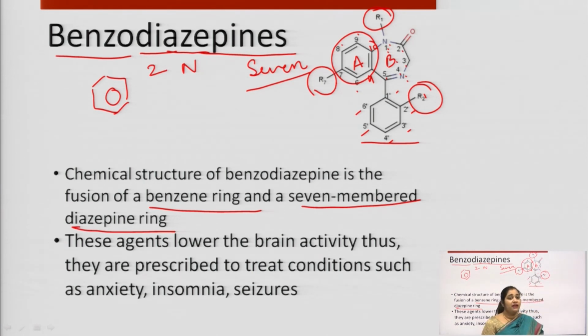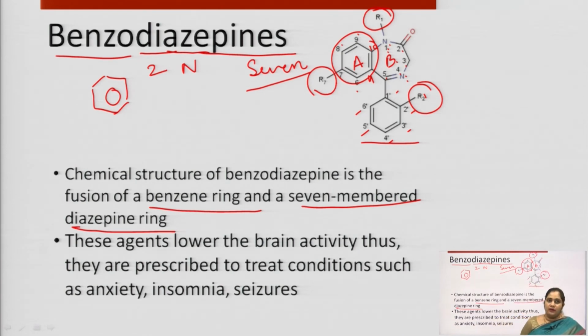And then we have also studied that these benzodiazepines act as anti-anxiety, are also used in treatment of insomnia, and apart from that are anti-epileptic as well. They are very good at GABA enhancement, that is, at enhancing the action of the GABA receptor.